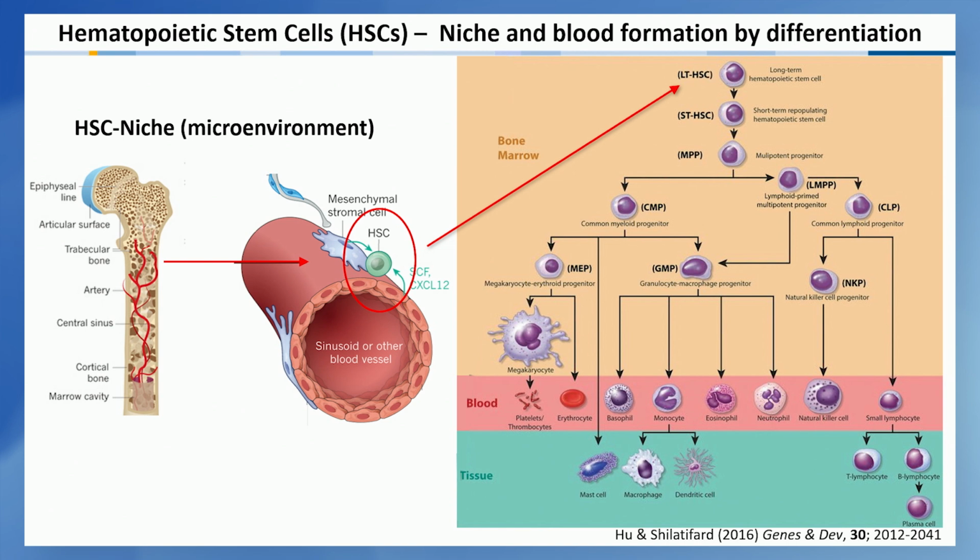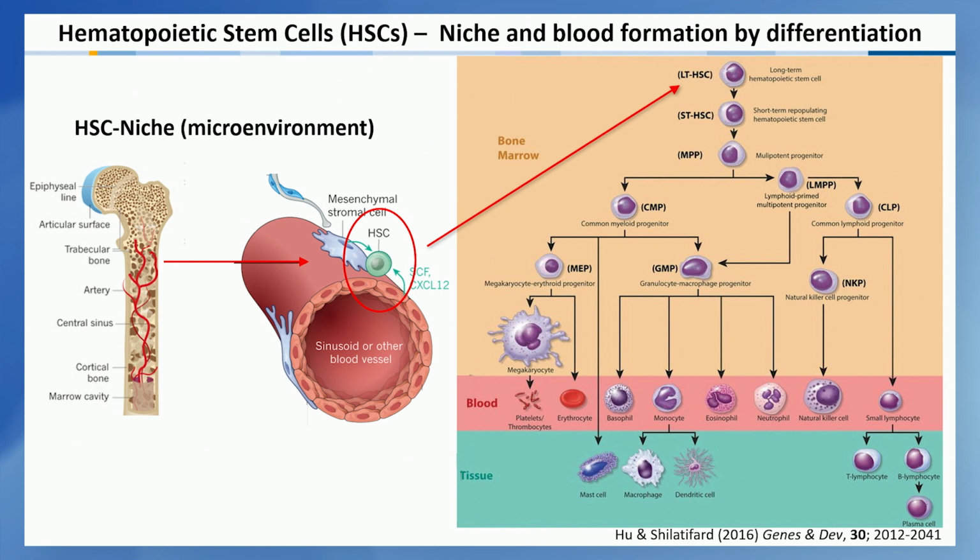When they start to differentiate, you have short-term repopulating hematopoietic stem cells, meaning they are still stem cells, but they don't behave like stem cells forever. They get lost over time, but are still capable of producing all the blood cells you have. Then come the so-called multipotent progenitors. Again, it's a progenitor, not a real stem cell. These cells get lost over time, but are still capable of producing all types of blood cells.